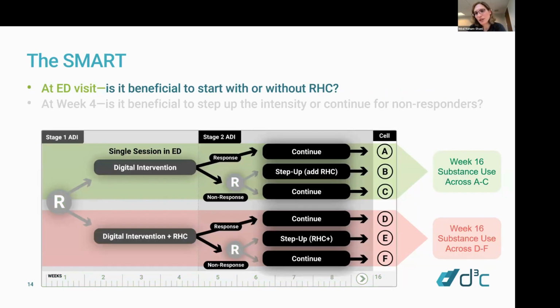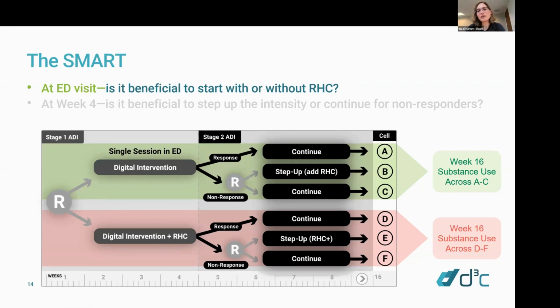So the first question, my primary question that I want to answer, is about the difference between starting with coaching versus no coaching in terms of week 16 substance use. Because I want to know, should I initiate the intervention with or without coaching? To answer this question, all you need to do is take the mean outcome across the 3 cells, A through C, in which participants did not start with coaching, and compare it to the mean outcome across the 3 cells, D through F, in which participants started with coaching.